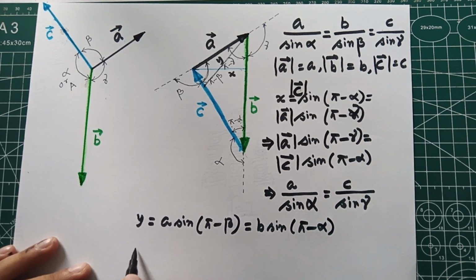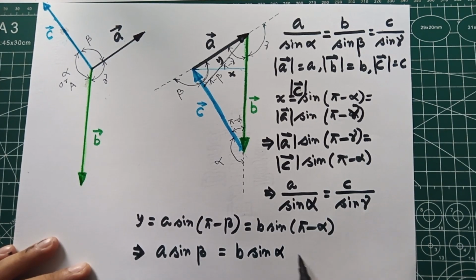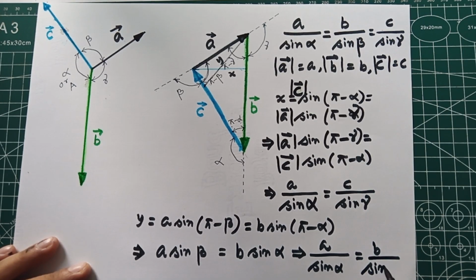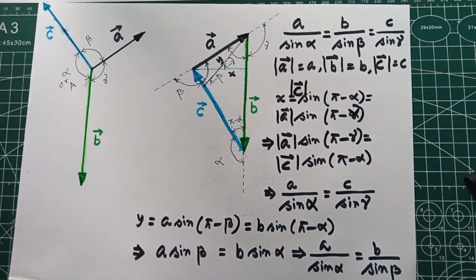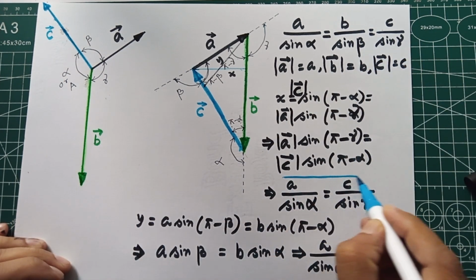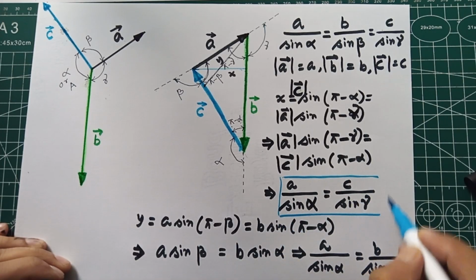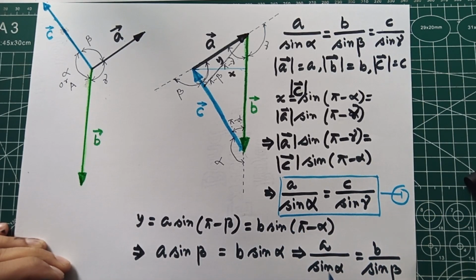Therefore we can write from this that a sine beta is equal to b sine alpha, so a by sine alpha is equal to b by sine beta. So this is one equation, and this is another equation.